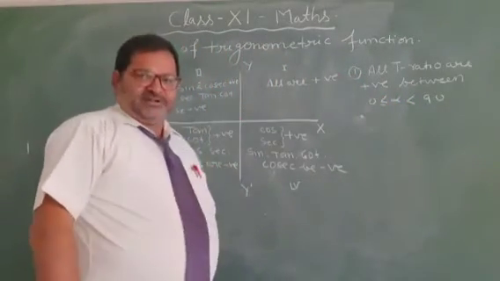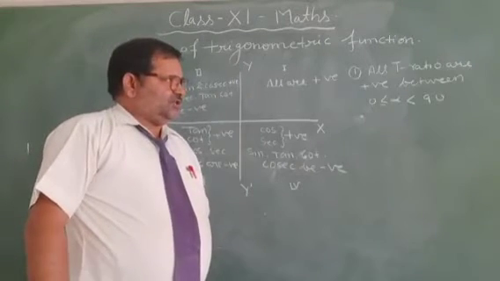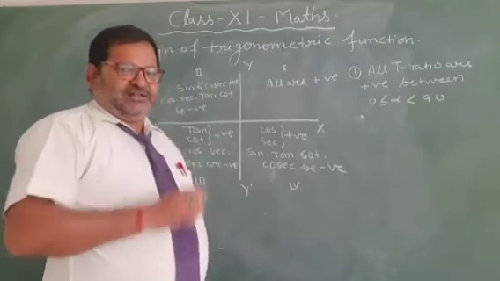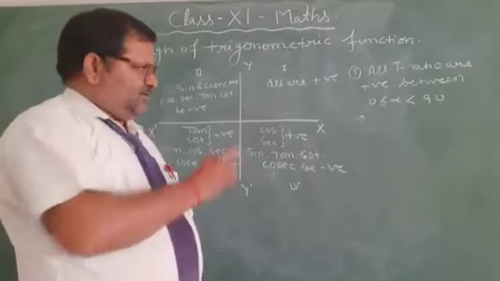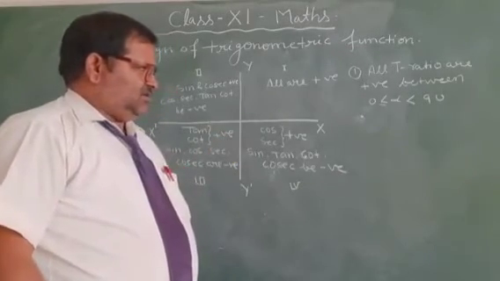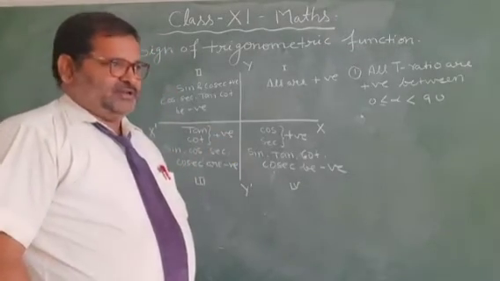All T ratios means all the trigonometric ratio are positive between the angle 0 to 90.